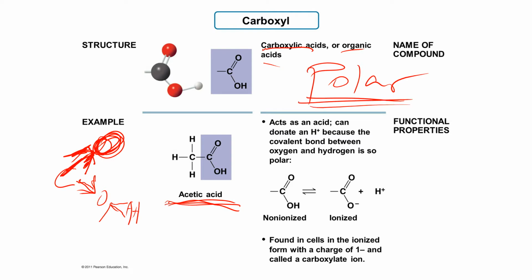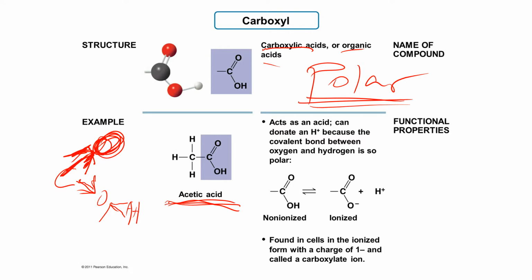Now, your carboxyl groups also are acids. So again, what is an acid? Well, an acid has the ability to donate, release protons. And recall that only free protons can affect the pH of a solution.